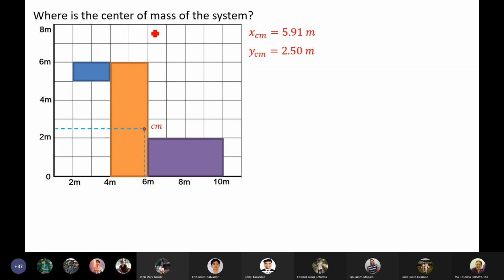To find the center of mass, gagawin nyo siya lagi on different shapes, lalo na pag yung shape sa system nyo is irregular. Hopefully, nagkaintindihan tayo. The final answer you will write here in your final exam next week is this one. Ganito ang pagsulat. So, that is for the first part.